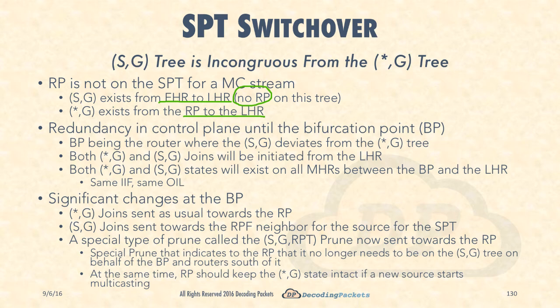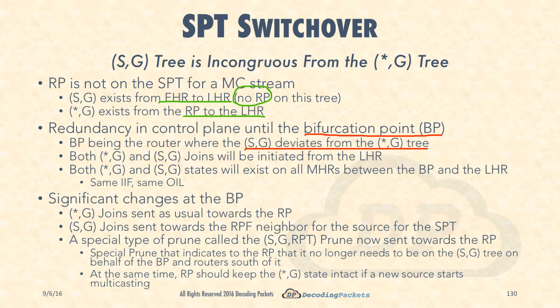Now there is redundancy in the control plane until what I have called, and this is just my term, you may not find it anywhere else, the bifurcation point. There is redundancy in the control plane till the bifurcation point. And what I am calling the BP, or the bifurcation point, is the first router where the S,G deviates from the *,G.